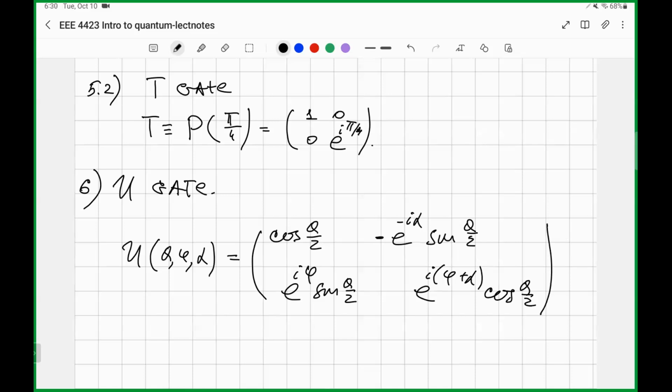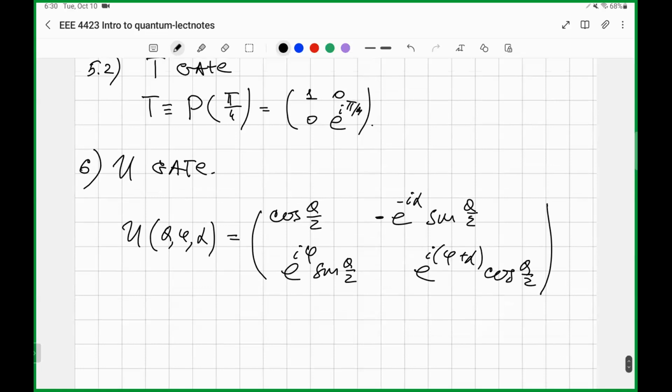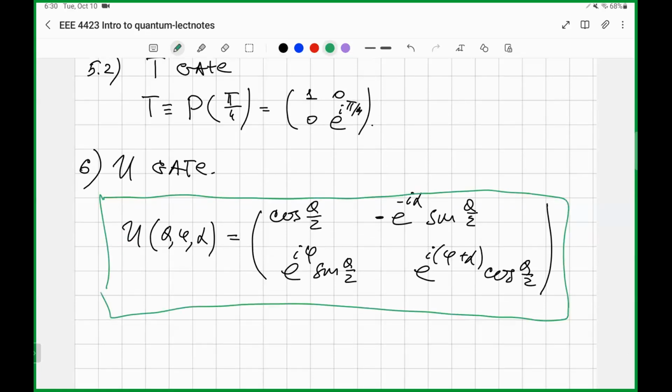So this is basically the most general representation of all the single qubit gates.